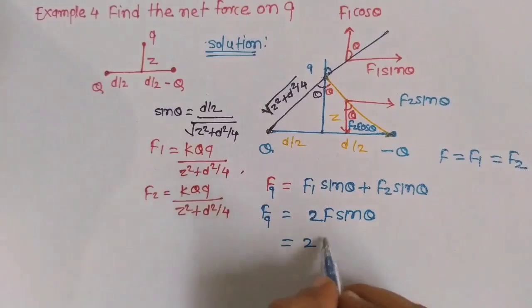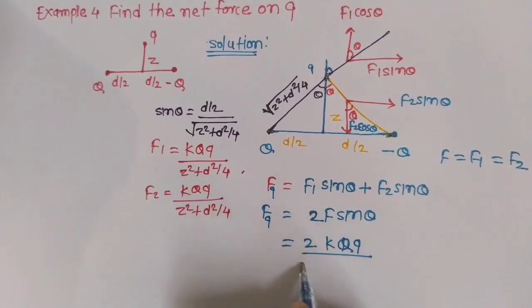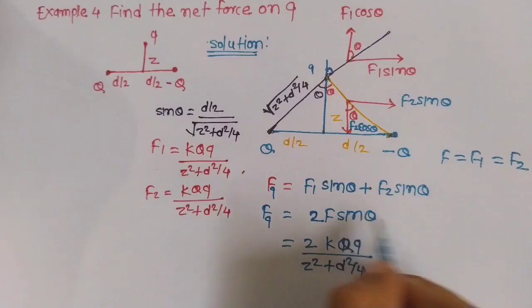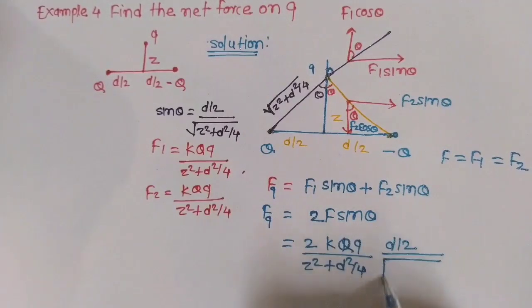Therefore twice, what is the value of force? That is K Q Q upon z square plus d square by 4 into sin theta. What is the value of sin theta? It is d by 2 upon under root z square plus d square by 4.